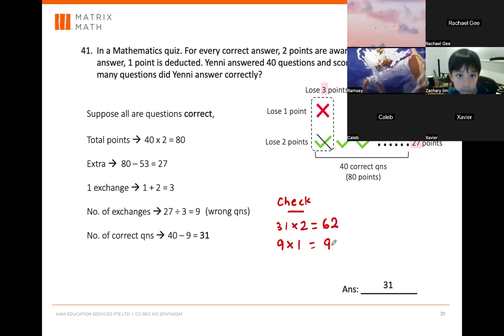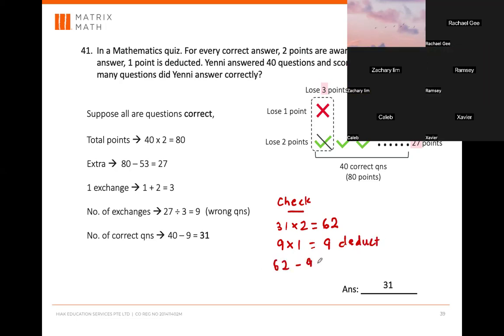That means you will deduct 9 marks. So 62 minus 9 will give you 53. So you get back 53 and the total number of questions answered is 40. So this is actually a very good method. So 31 questions Yenny answered correctly.